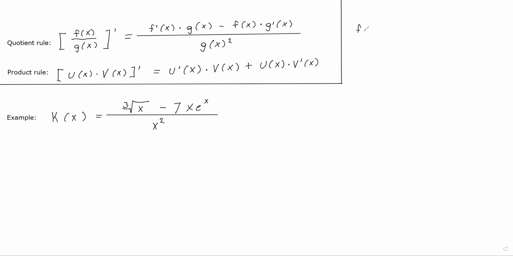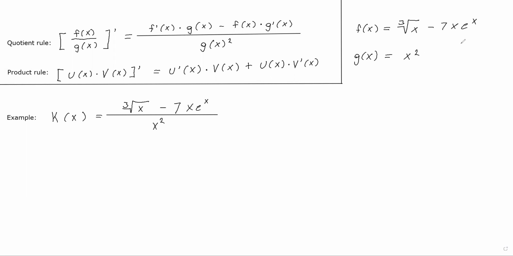Our f of x is the cube root of x minus 7x e to the x, and our g of x is what we have in our denominator, which is x squared.